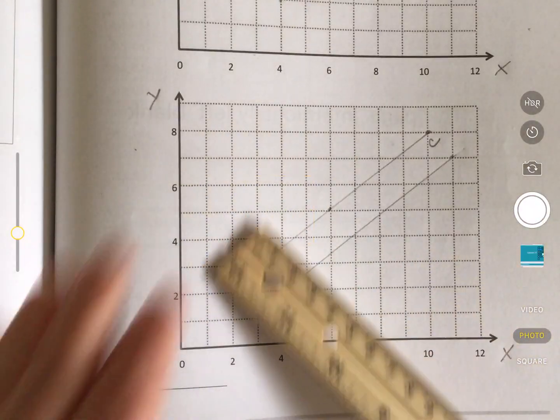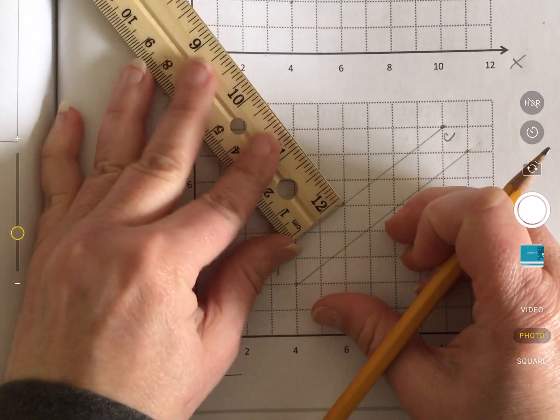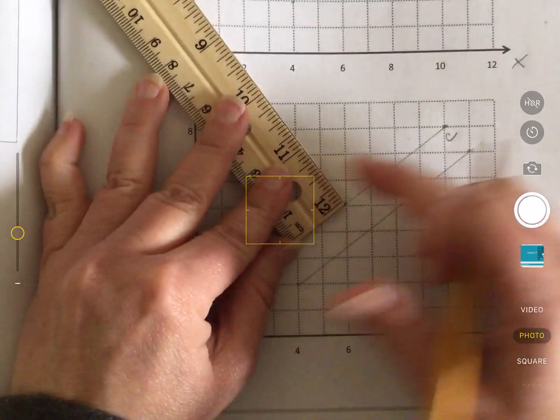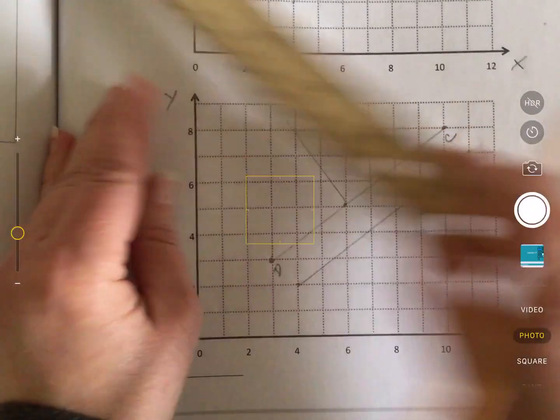And number 4, draw a line segment perpendicular to CD. If you remember, perpendicular is when you have two lines that meet to create 90-degree angles.